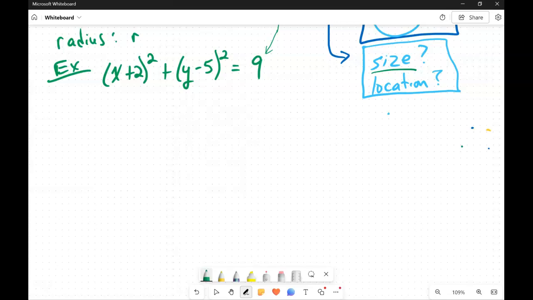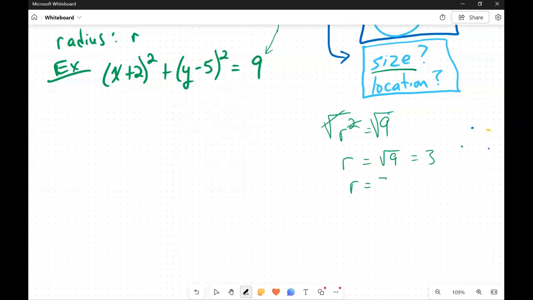If the radius squared is 9, we can remove the square by doing the inverse operation, the square root. Square root and square are inverses, so they cancel, leaving me with r equals the square root of 9, and the square root of 9 is a nice 3. So in this situation, the size of my circle has a radius of 3. There's that first component. We figured out the size.